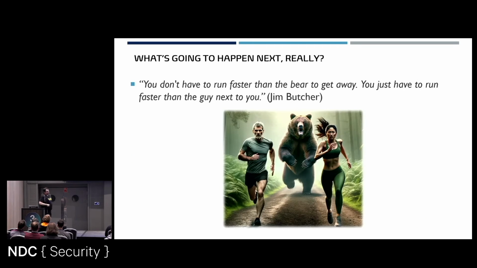Now, what I'm expecting will happen in reality is, and this is a quote that I like from Jim Butcher, if you know the author, you don't have to run faster than the bear to get away, you just have to run faster than the guy next to you, right? So a lot of companies will still do the bare minimum to just not be the last one, to not be in a worse off position than the other guy. Let the others get the fines.